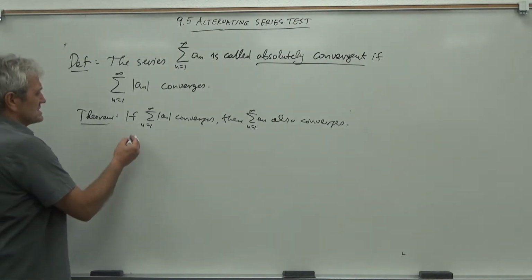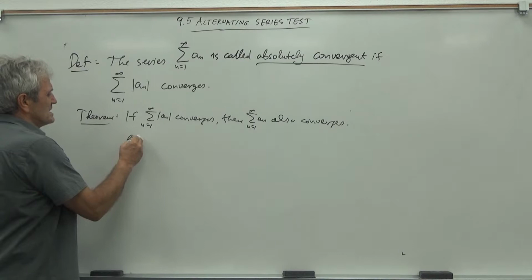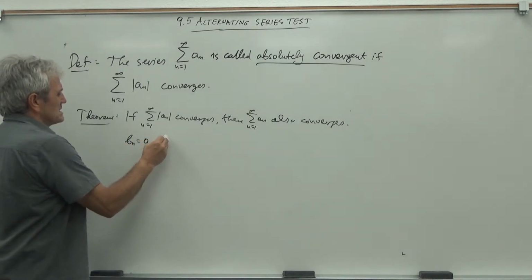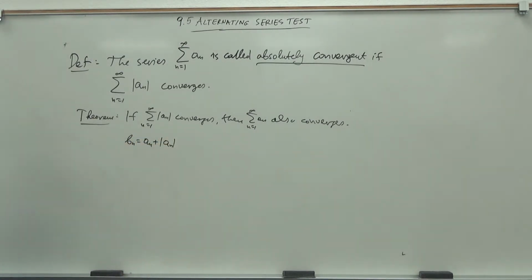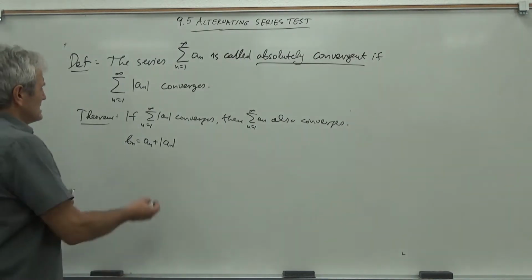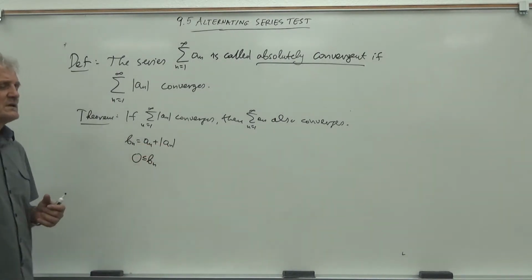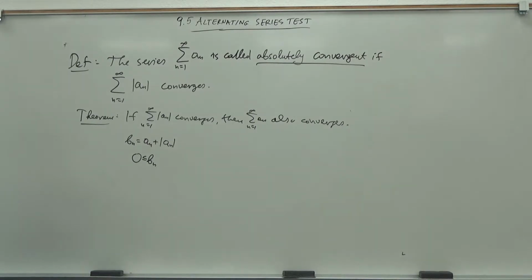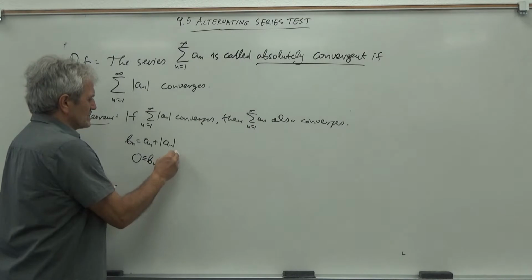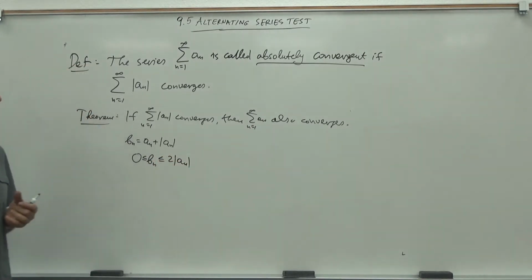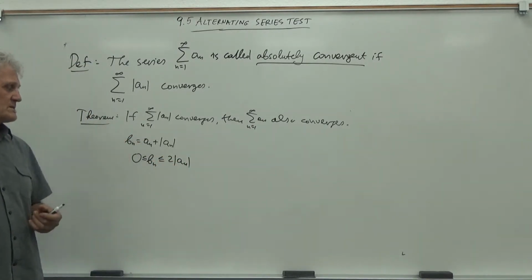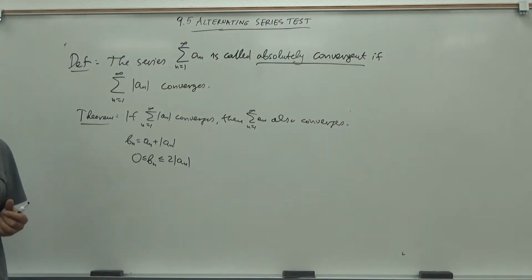So generally we will consider the following. Let's say that b_n is a_n plus the absolute value of a_n. Then we know that b_n is greater than or equal to 0, because the absolute value of a_n is greater than or equal to minus a_n. On the other hand, it's less than or equal to 2 times the absolute value of a_n, because a_n is less than or equal to the absolute value of a_n. And then what happens?